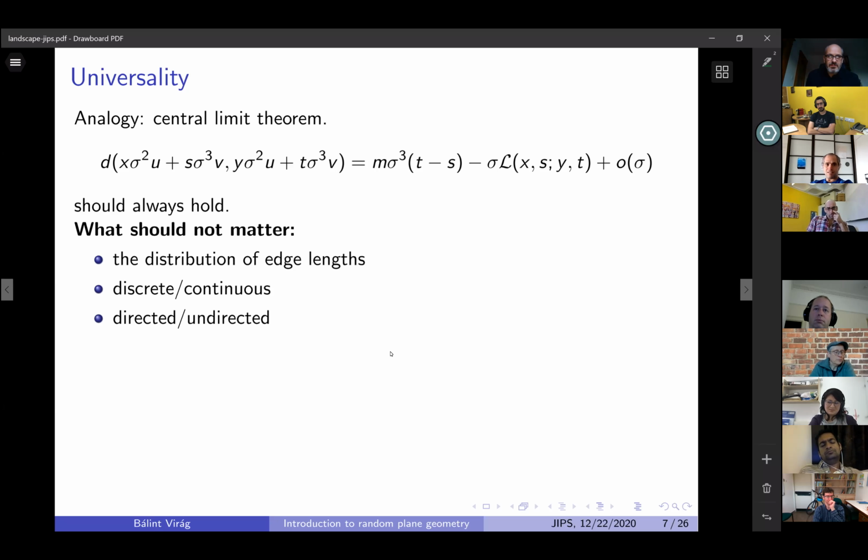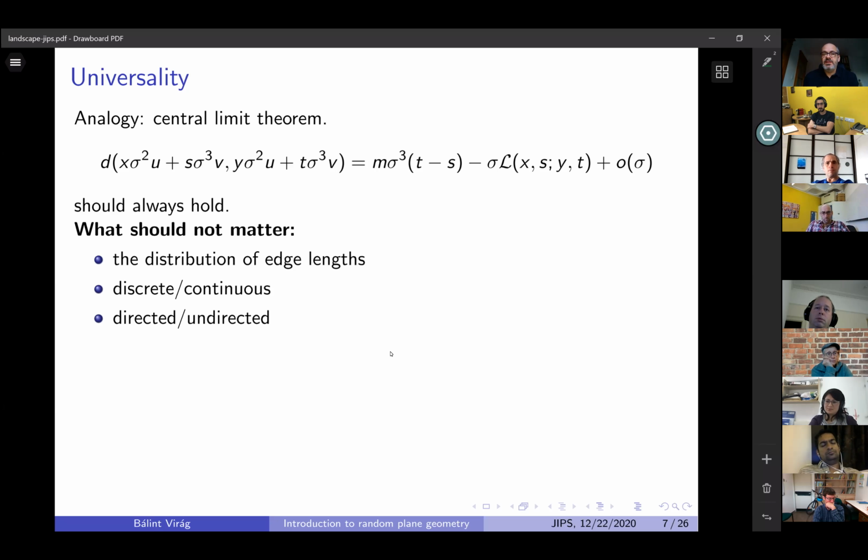It also shouldn't matter, and this is kind of interesting, I don't know why this is true a priori, but it is actually true, whether you look at directed distances or undirected distances. So you could direct your grid in some direction, say northeast, and you would still expect the same behavior.